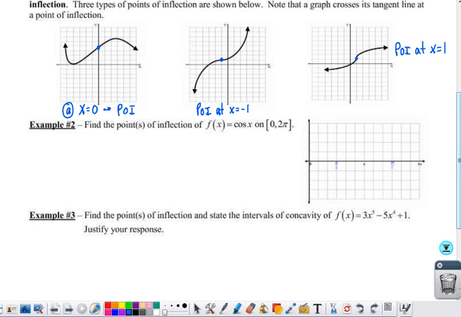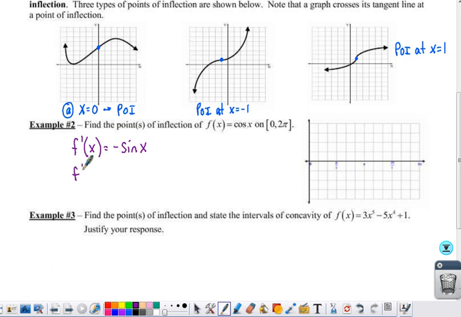Now what we want to do is actually find a point of inflection algebraically. So if we look at example 2, it says find the points of inflection of f of x equals cosine x on that closed interval. So in order for us to find a point of inflection, we want to get to the second derivative. In order for us to do that, we want to find the first derivative first. And f prime is equal to negative sine of x.